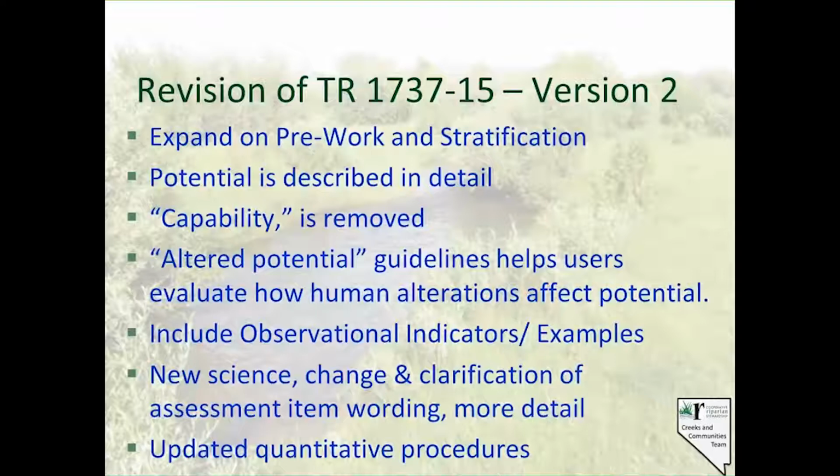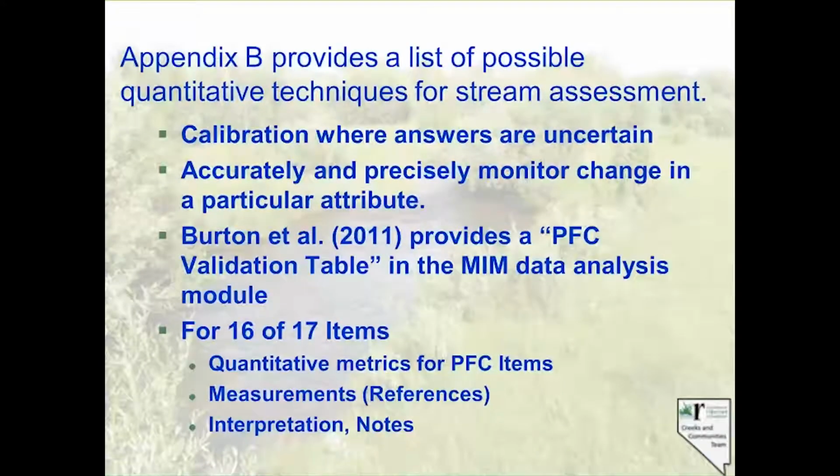There's a bit more detail. There's also some quantitative procedures that can be used to back up this qualitative process of PFC assessment. And so those quantitative procedures are explained in Appendix B. It provides calibration where answers are uncertain. The ID team can collect quantitative data and it provides the references that can be used to interpret that data to accurately and precisely monitor changes in a particular attribute. There is now, wasn't to begin with, but there is now a Burton et al.